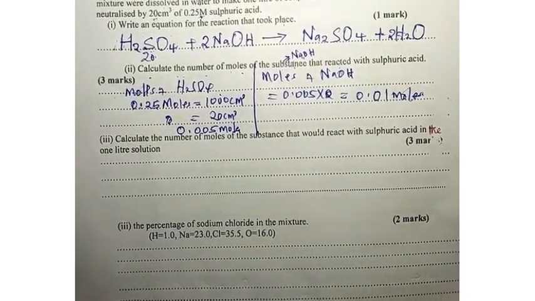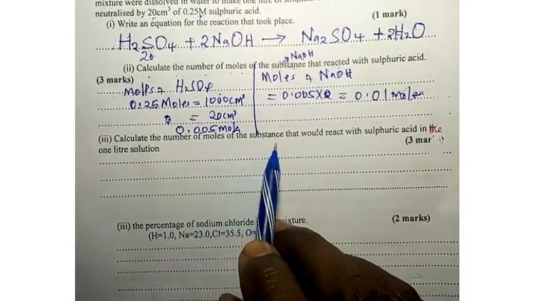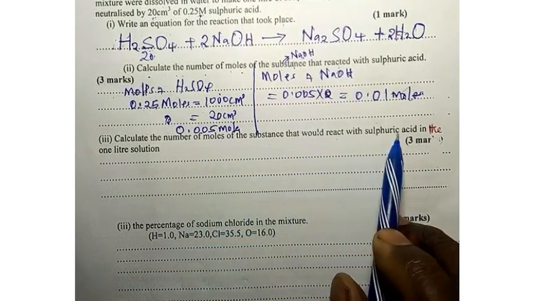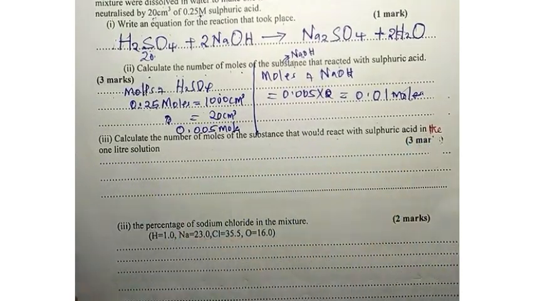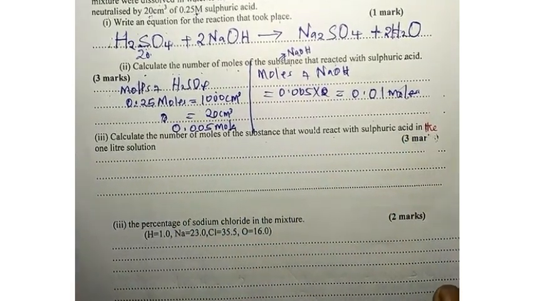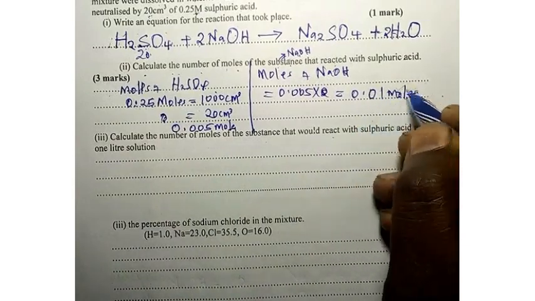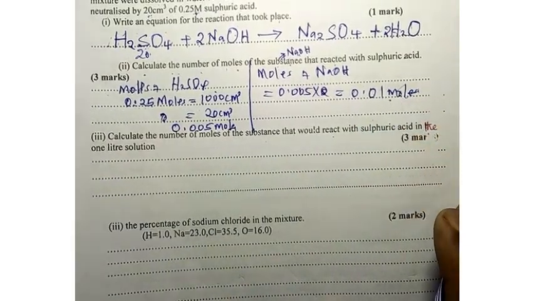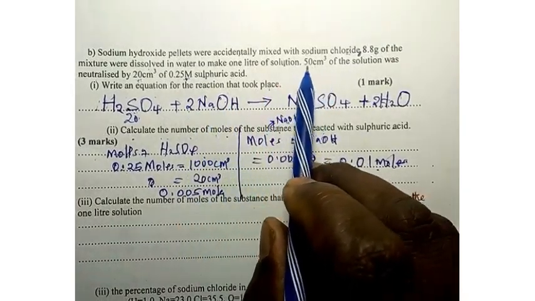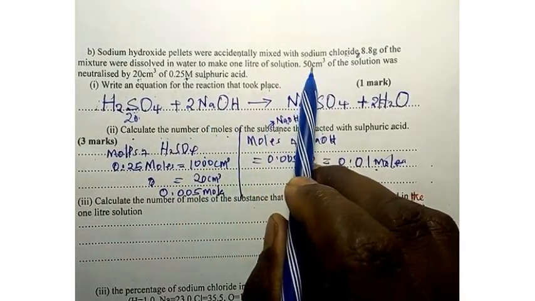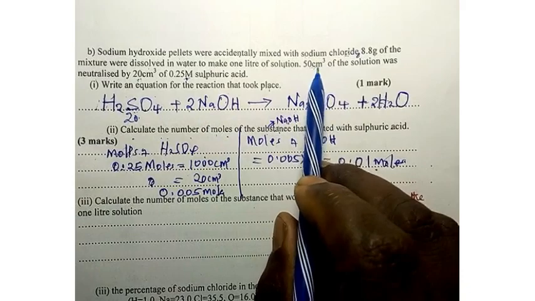Calculate the number of moles of the substance that would react with sulfuric acid in 1 liter. Very correct. So the number of moles we have calculated here for sodium hydroxide is for the volume that was used, and the volume is 50. Now we want 1 liter. A liter is 1,000 centimeters cube.